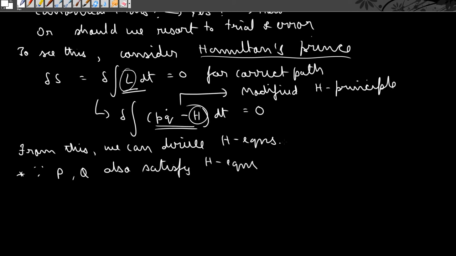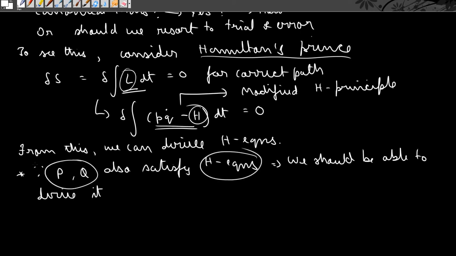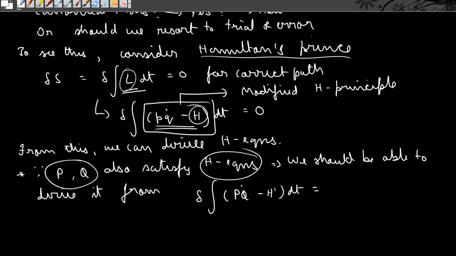Now, since our canonically transformed variables, that is the transformed generalized momenta and coordinates, also satisfy Hamilton's equations, but of course with the new Hamiltonian H dash, we should be able to derive the Hamilton's equations corresponding to these variables from a variational principle having this form: the variation of the integral of (P Q dot minus H dash) dt should be equal to 0.